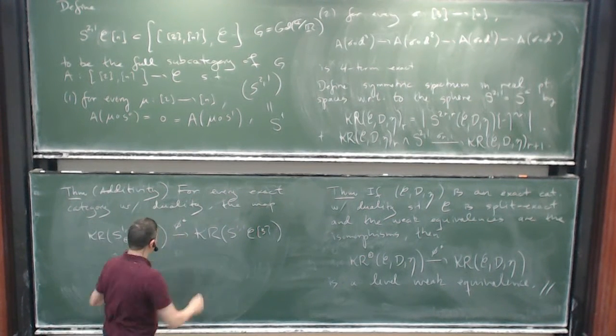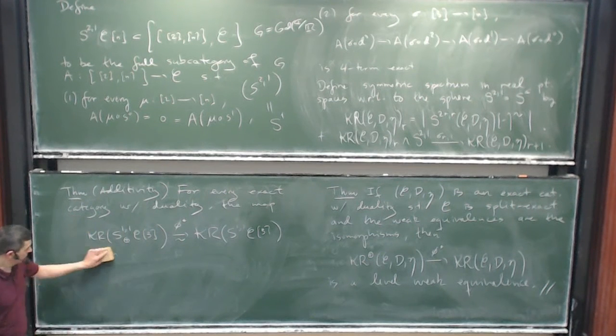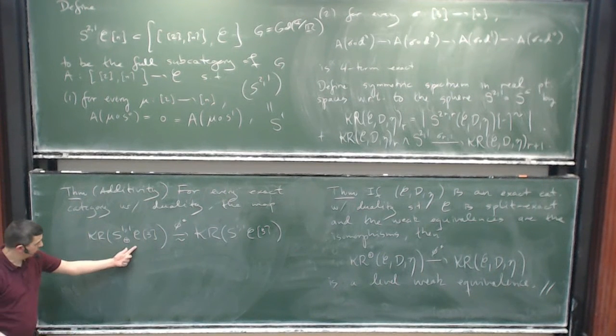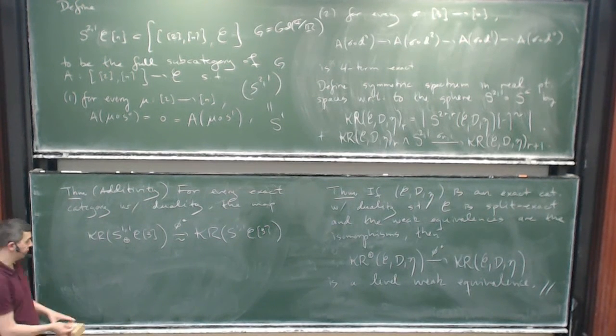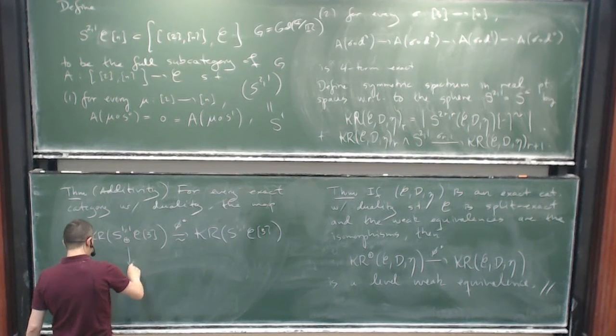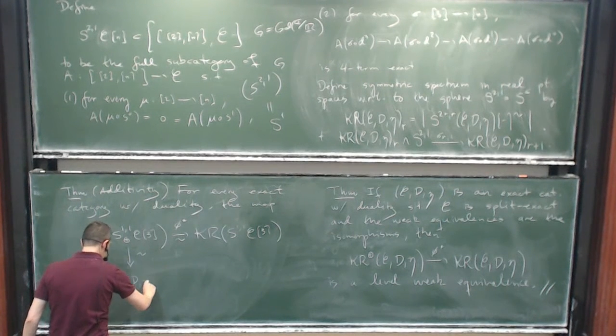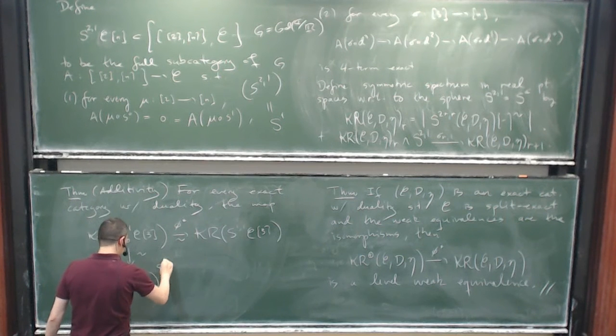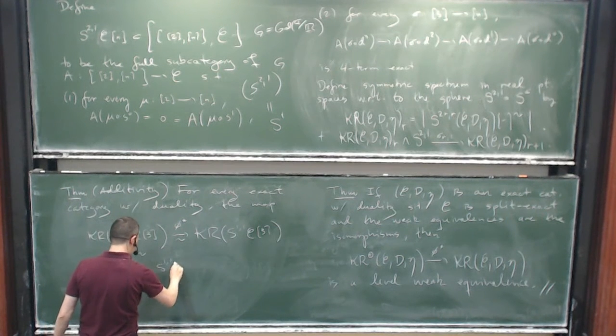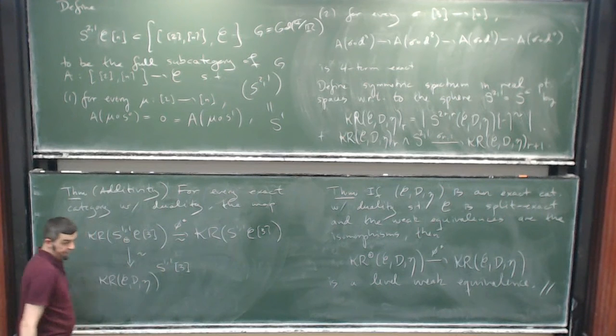Again, here, this category is equivalent to the category of stalks. So this is equivalent to K^R of C with duality eta, with 1, 1, 3.